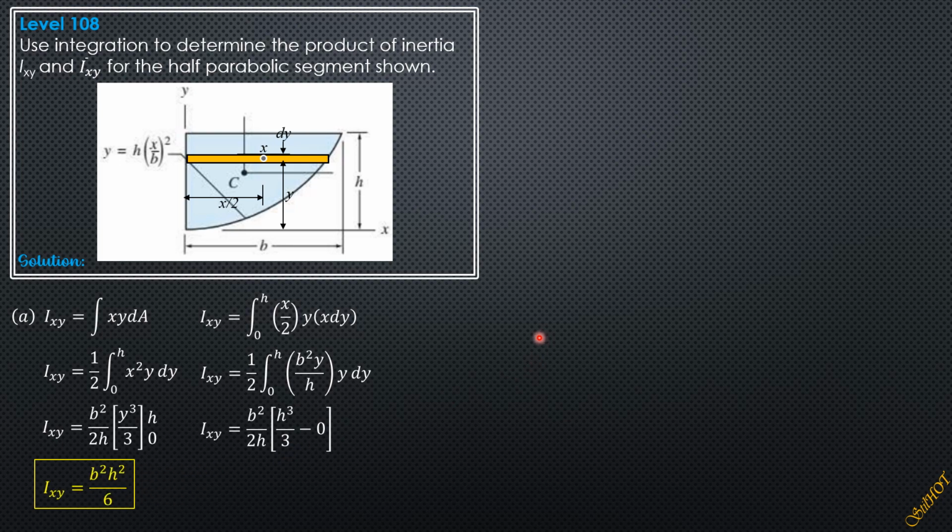Now for the product of inertia with respect to the centroidal axis, we must know the location of the centroid of the parabola, from the topic on distributed forces, first moment of areas, location of centroids. For this problem, the parabola has its vertex here and opens upward. So this distance is 3/8 of b. The centroid is 3/8 of b from the y-axis, and it is 3/5 of h from the x-axis.